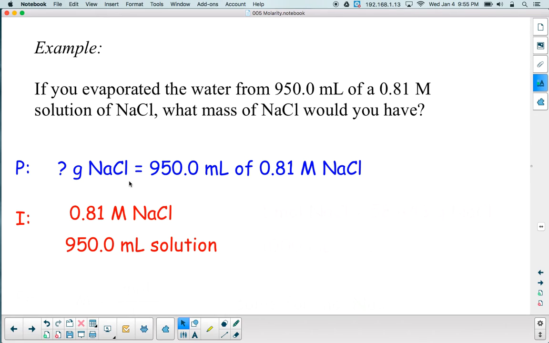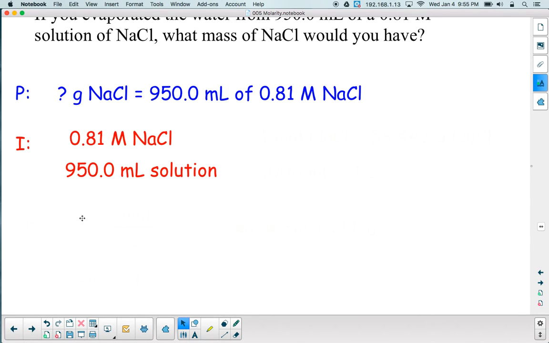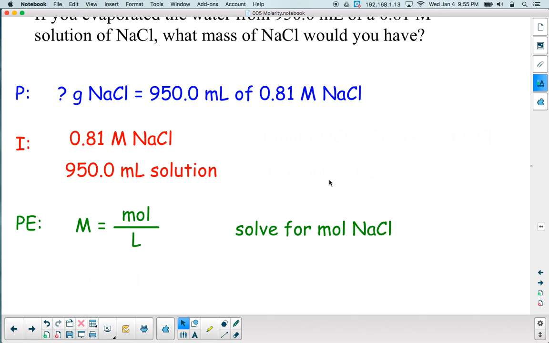So I know that I have a 0.81 molar solution. I have 950 milliliters. Keeping with our general theme of using molarity equal to moles per liter, I decide that the way to go here is to solve for the moles of sodium chloride. If you look at what we have, we're given the molarity and we're given a volume. If we use those two pieces, we can find our moles of sodium chloride.